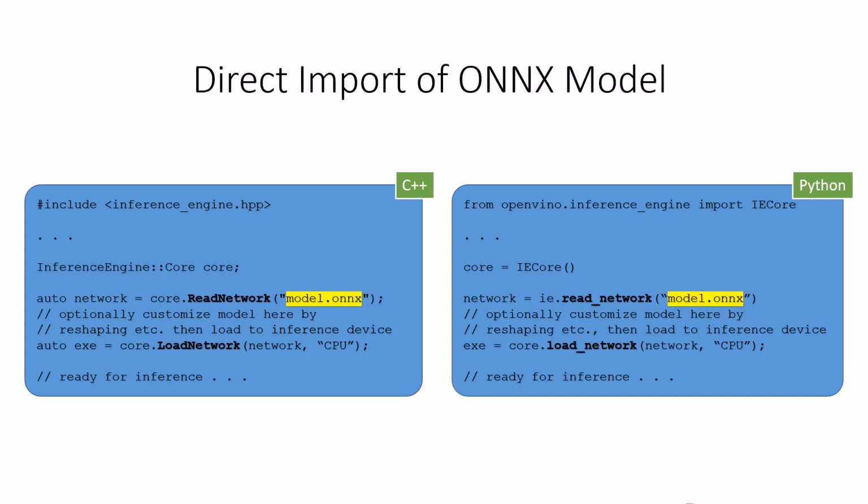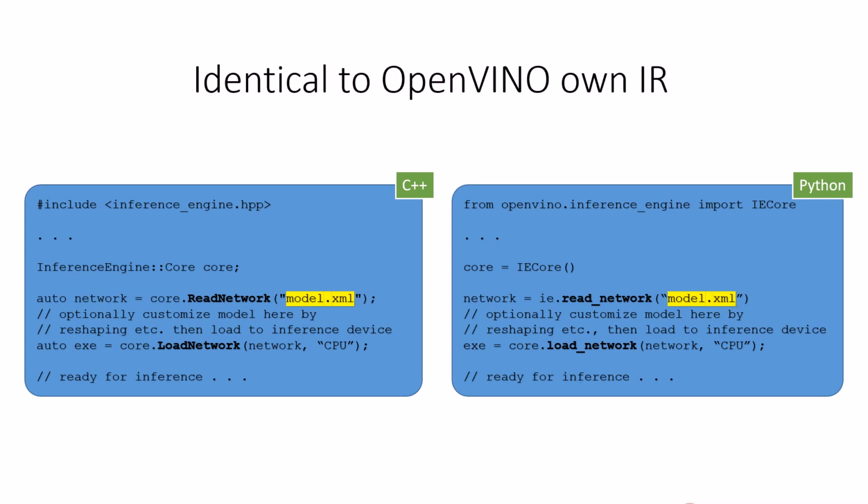And then load to one of the plugins to run the inference. In this example, it is the CPU device. These steps are identical to the steps that we are doing for a normal OpenVINO IR presented here, where model XML is used, which is the OpenVINO IR file.